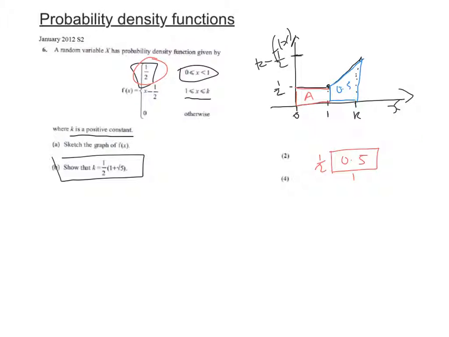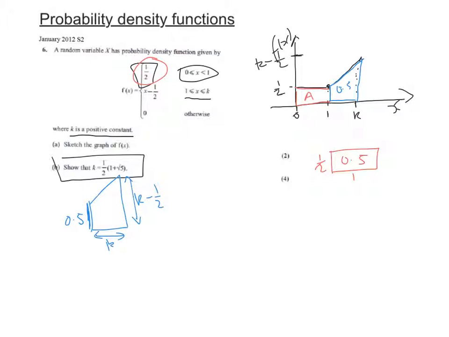So if I draw that out here, we know that this height here is 0.5. We know that this height is k minus a half.